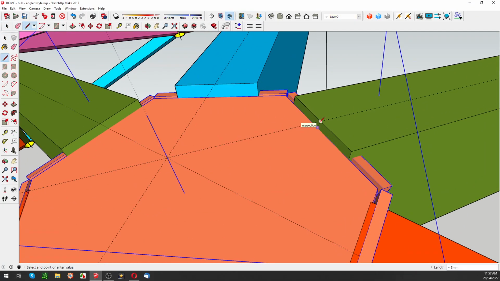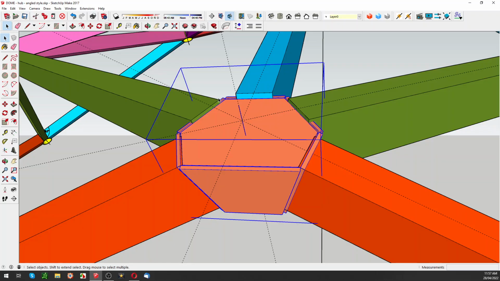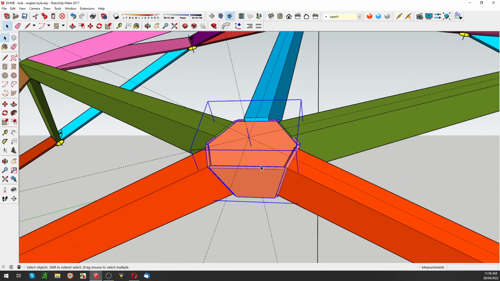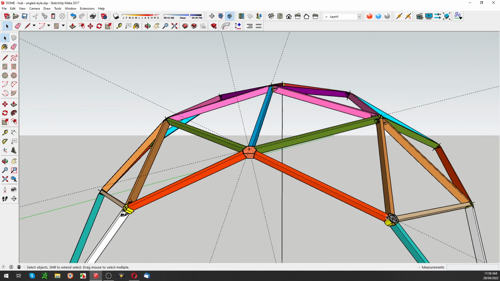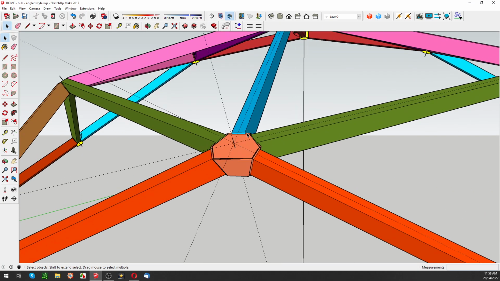It'd be approximately 5 millimeters, and make the aesthetics override the actual structural geometry, the perfect geometry. Now, that's a question that I'm going to pose for the next video, because we will look at this hub and this hub and make a determination for us to go forward.